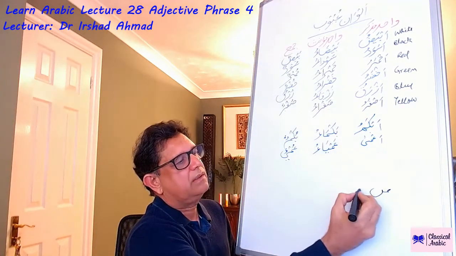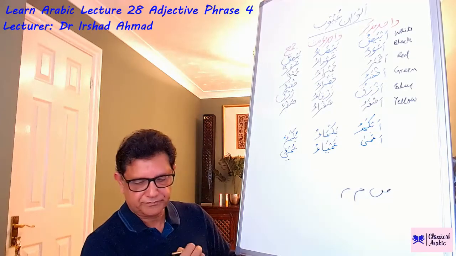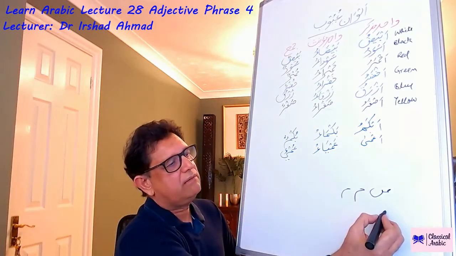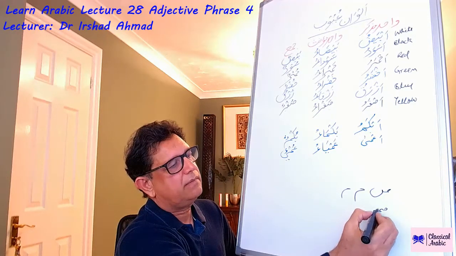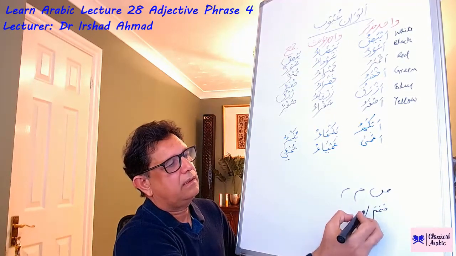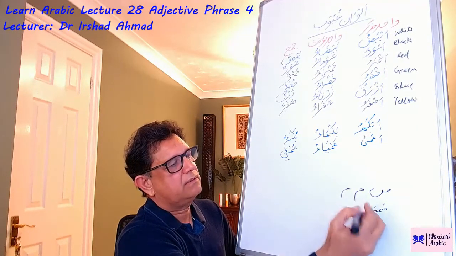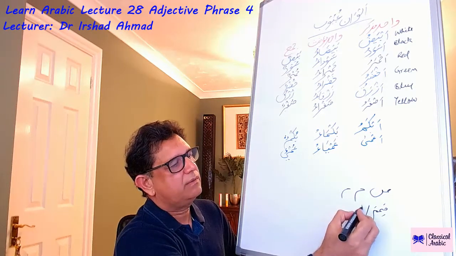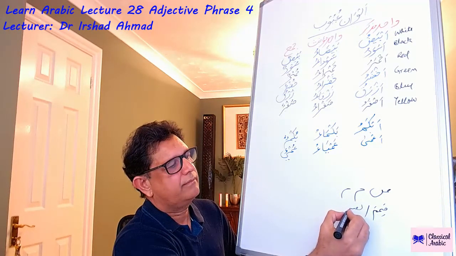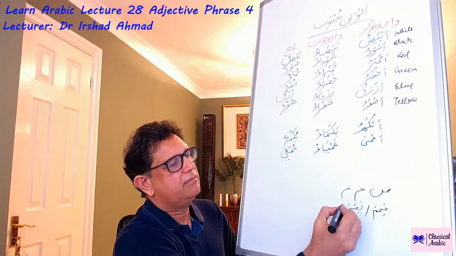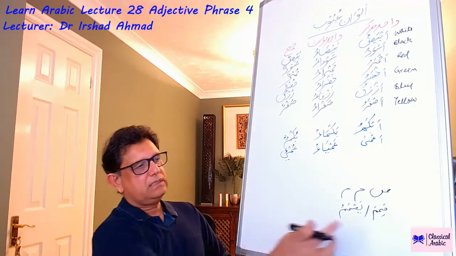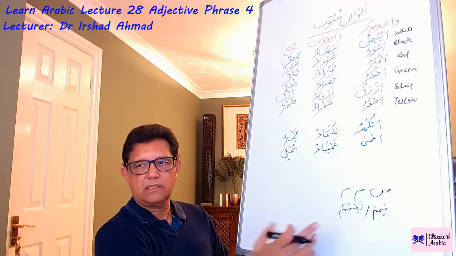And the third root is sad, mim, mim. So Madi Mudari will be samima yasmamu. Because these are two mims together, they tend to merge.